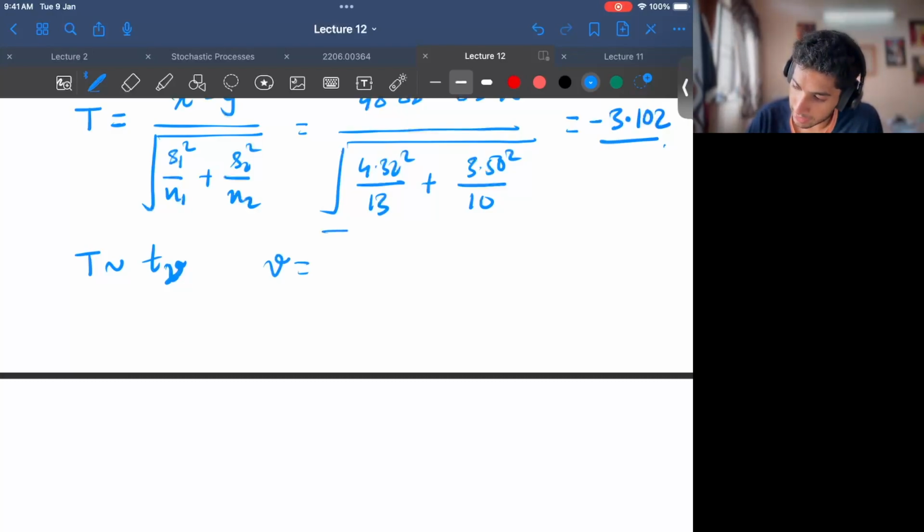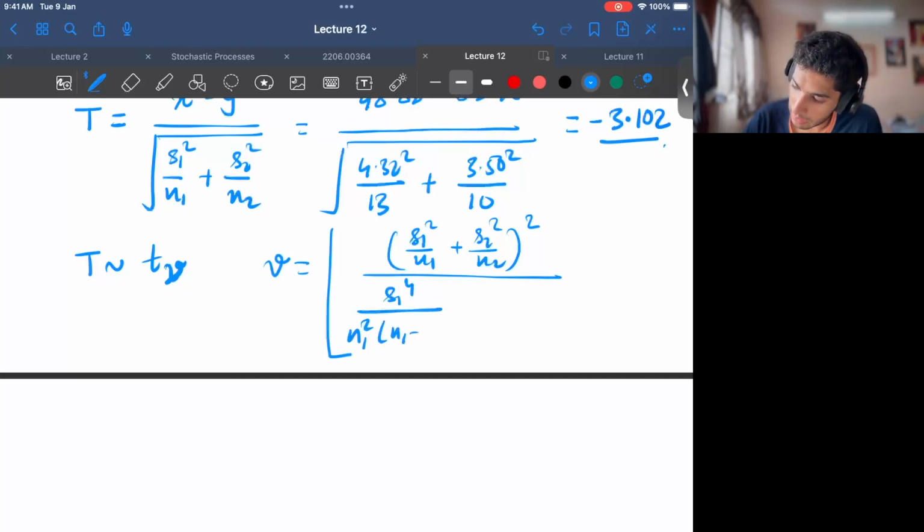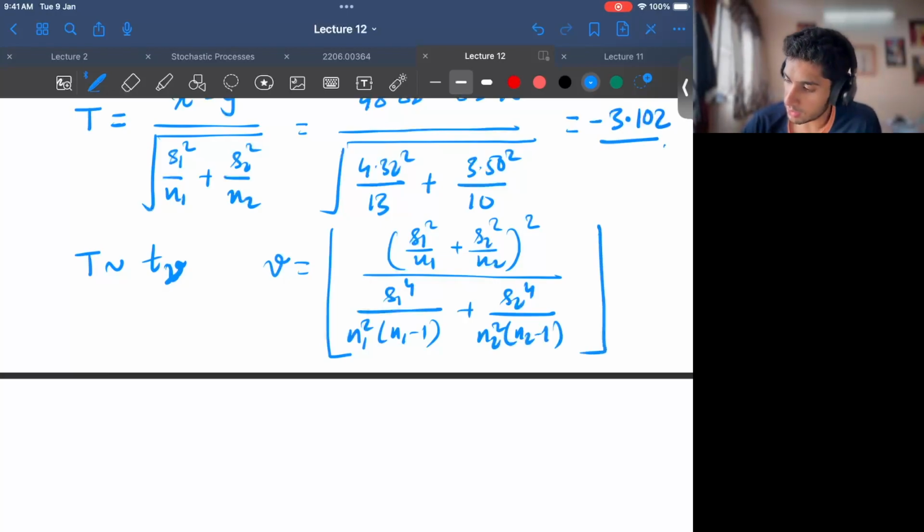Nu in this case comes out to be the floor function of s1 square by n1 plus s2 square by n2, whole square, divided by S1 raised to 4 upon n1 square into n1 minus 1, plus S2 raised to 4 upon n2 square into n2 minus 1. This is the floor function, okay?